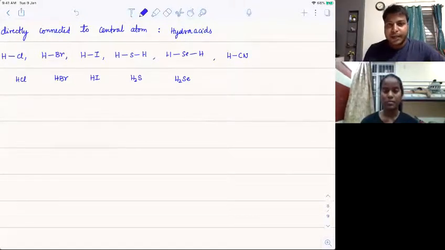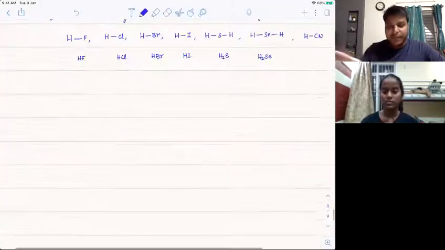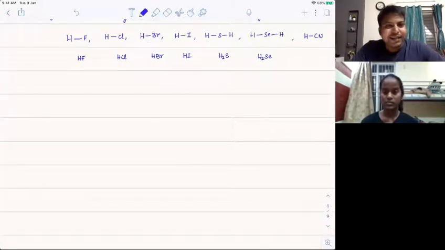Okay. Now, the good part is naming. Like how we have a family name, right? These are also a family of acids, and this family of acids also has a family name associated with it. Right?